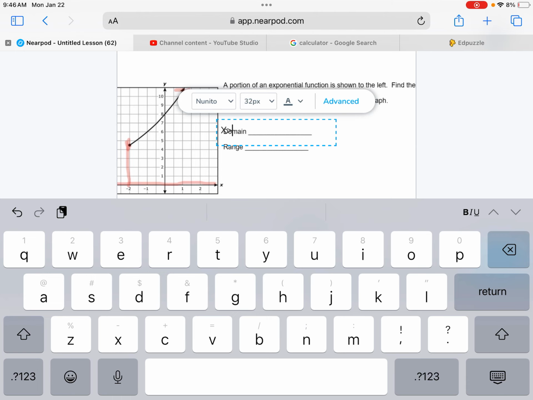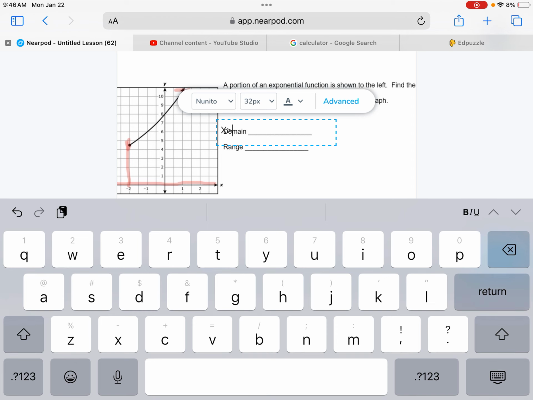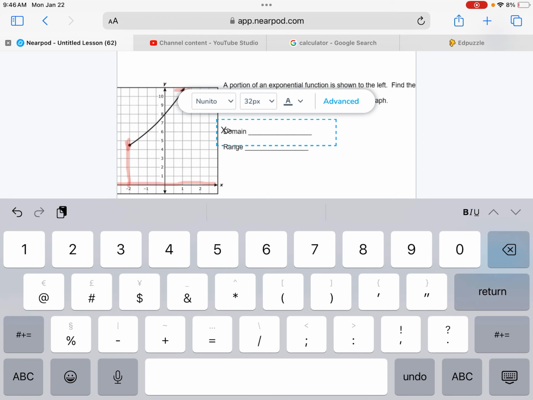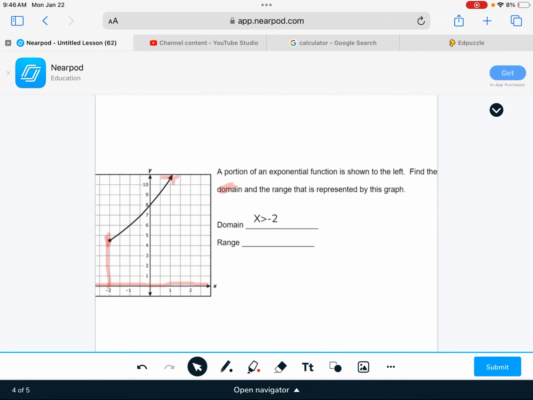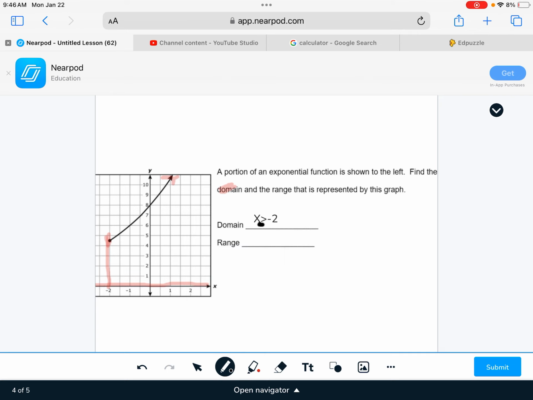All right? Wrong thing. Go back. There we go. -2. Now, I am short on what I can actually do here. So I'm going back and adding the underlined part because it can equal -2. And we know that because the filled in circle means that the number is included. The hollow circle is where it's not included.